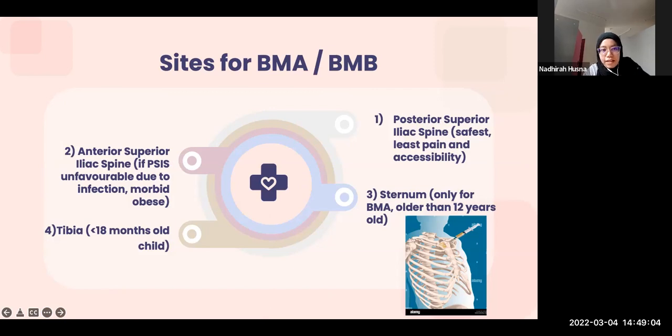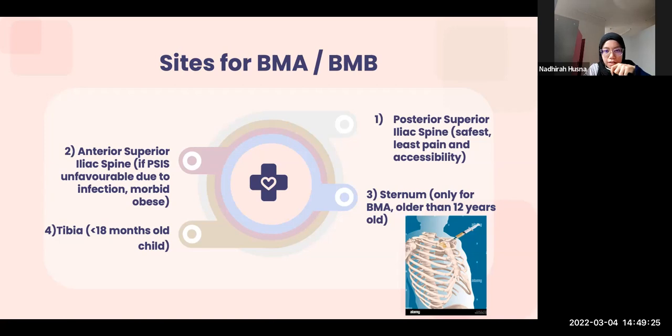Okay, there are certain sites where we can take the bone marrow aspiration and bone marrow biopsy. Basically for the bone marrow aspiration, there are 4 sites that we can take. The first one is posterior superior iliac spine, and then anterior superior iliac spine, sternum as well as tibia. But for the bone marrow biopsy, we can only take it from the PSIS and ASIS.